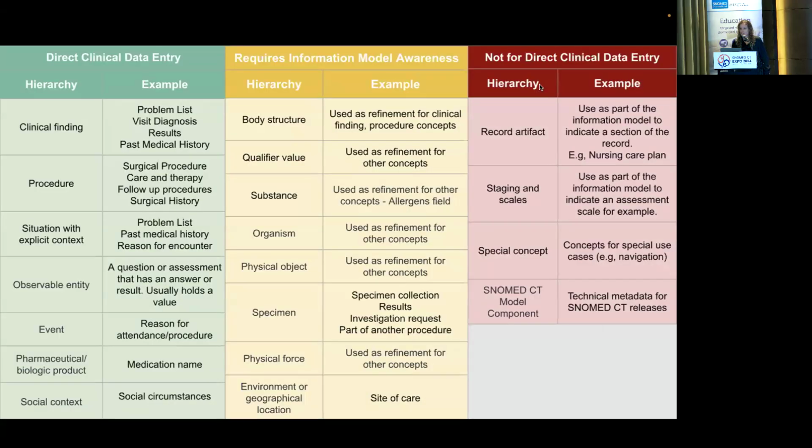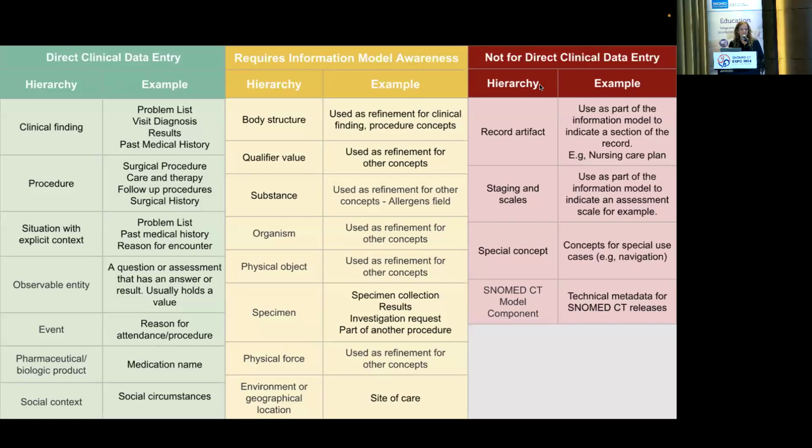This is like a cheat sheet that my good colleague has created. It helps those that are doing terminology binding in seeing where to look. If you are creating value sets for a problem list or a visit diagnosis or results, then you would go to the clinical finding hierarchy. All the green ones have very direct clinical usage in the information model.